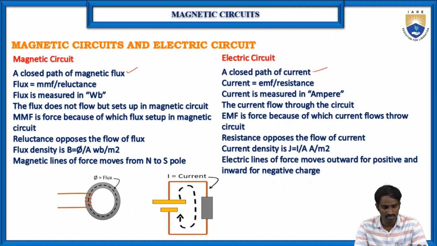The flux can be defined as MMF by reluctance, where MMF is magnetomotive force, and the current is V by R, where V is also called electromotive force. Both are forces, but one is the magnetomotive force, found in magnetic circuits, and the other is the electromotive force, found in electric circuits.